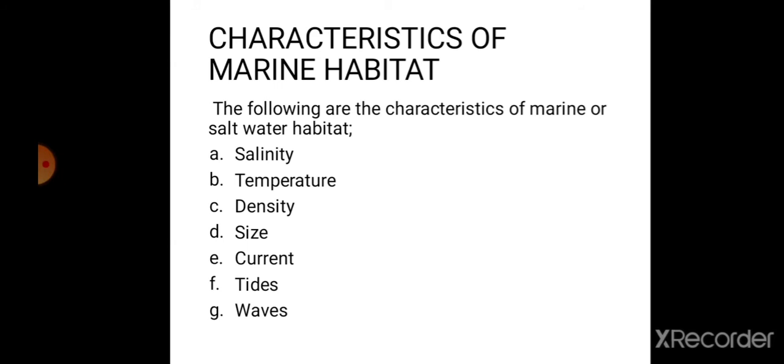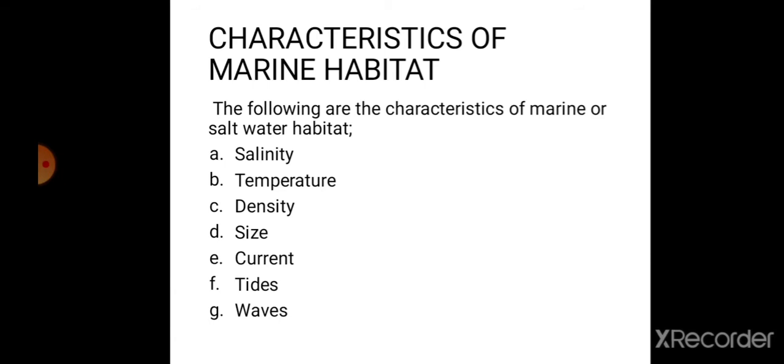It means the concentration of salt in the water. Any water that has a high degree of salt in it has salinity. So salinity is one of the characteristics of a marine habitat.